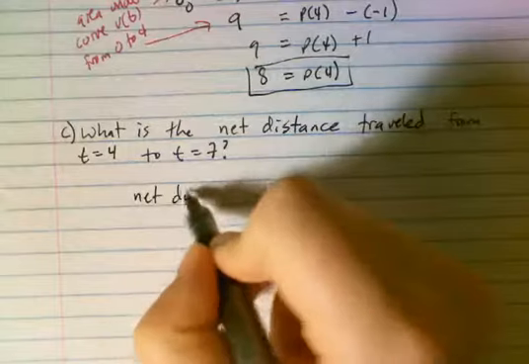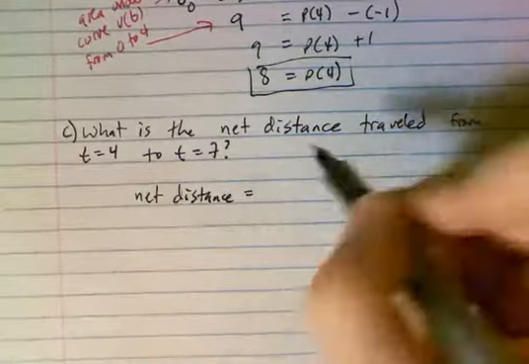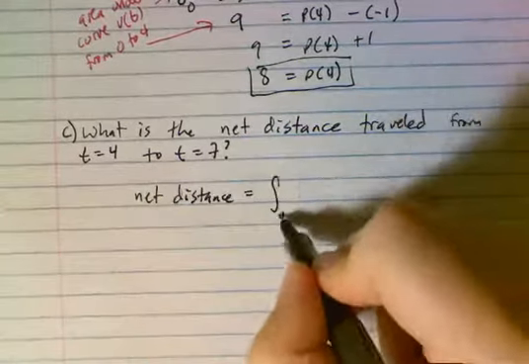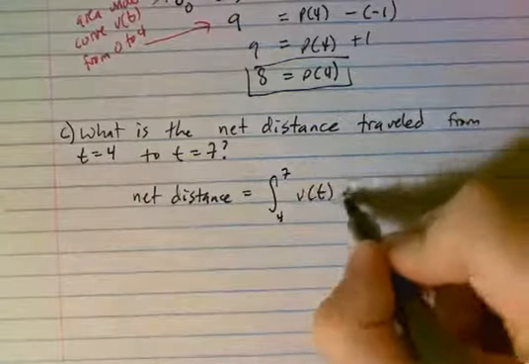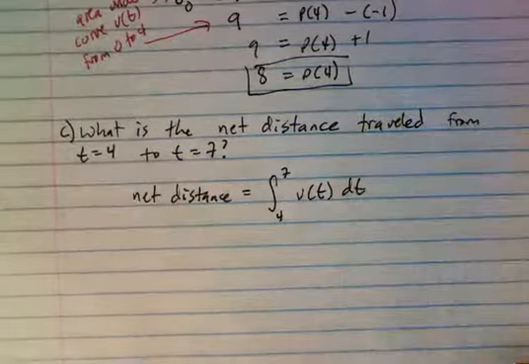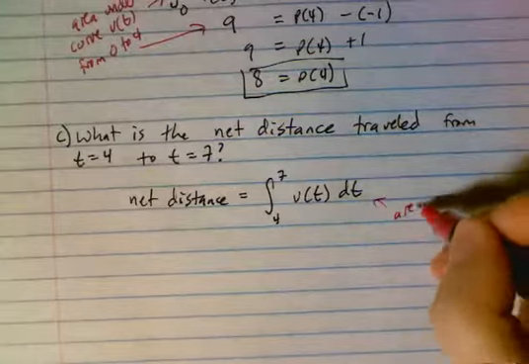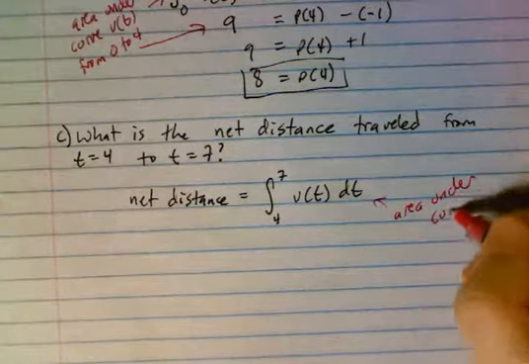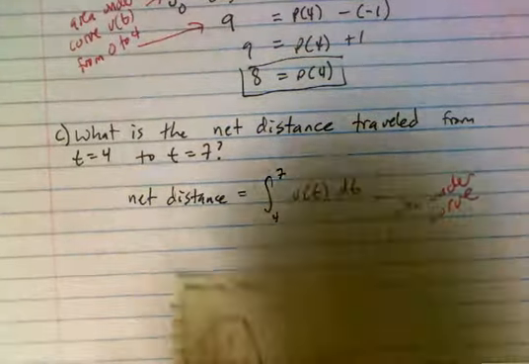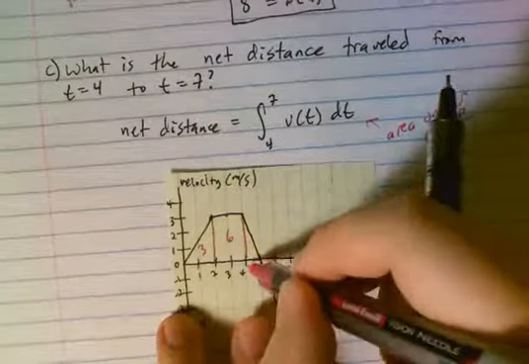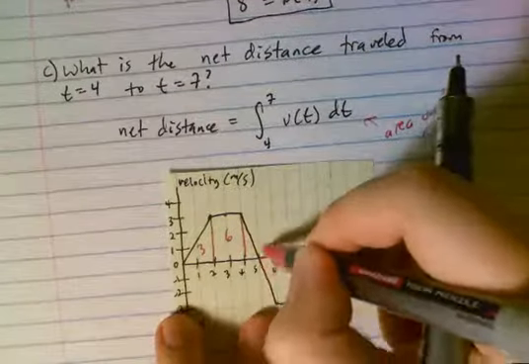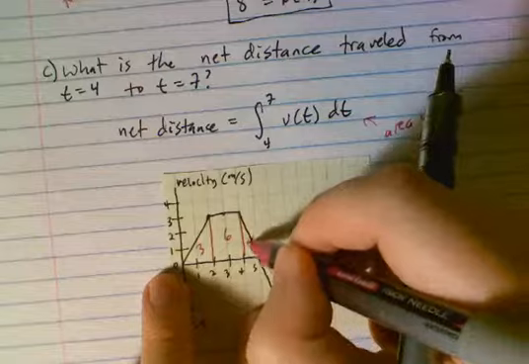So net distance from 4 to 7, integral v of t dt. Again, area under curve. Remember, this is the signed area, so we're going from 4. So this is 1 times 3 divided by 2, so this is 1.5.